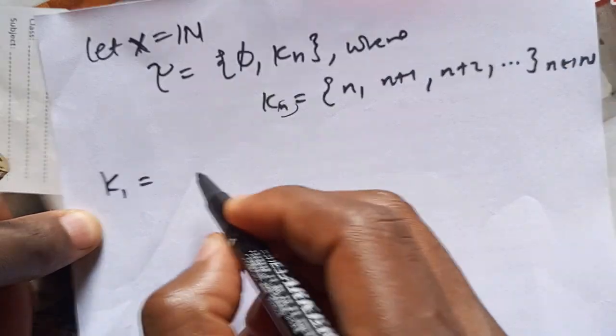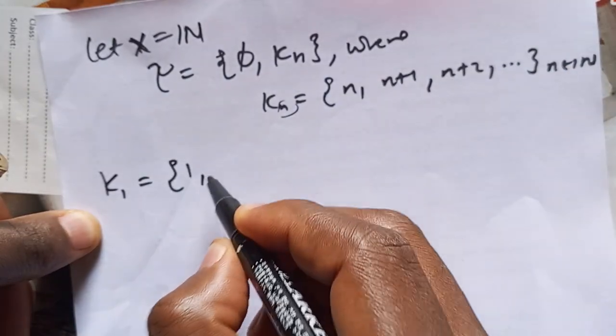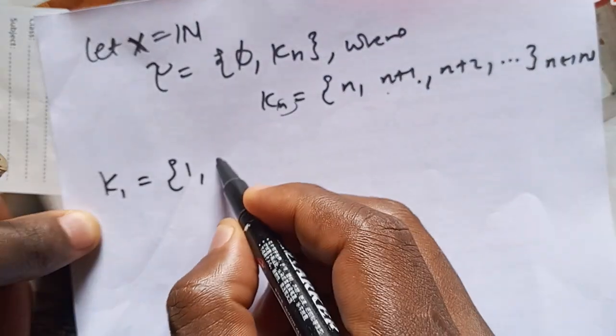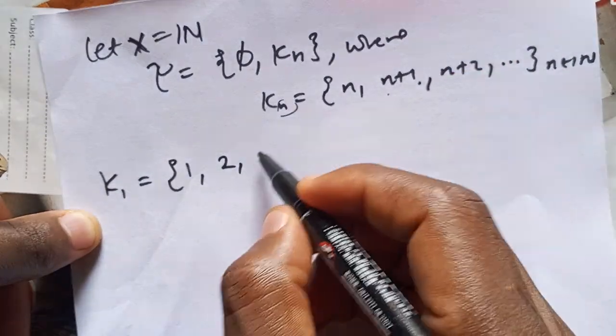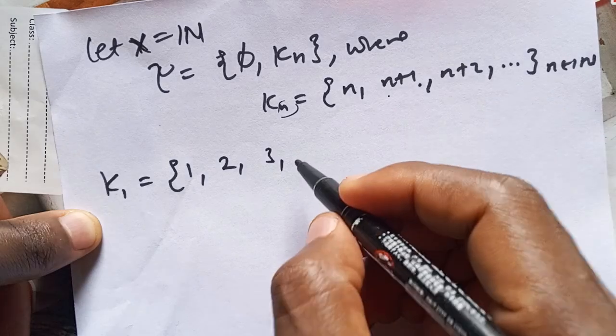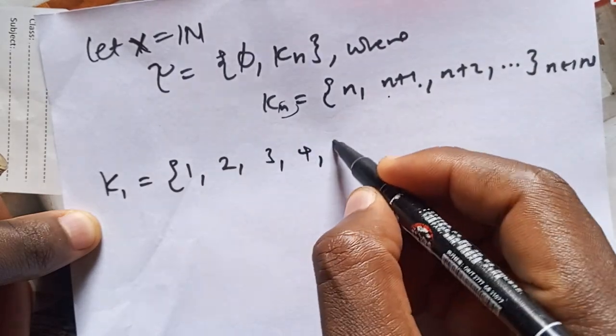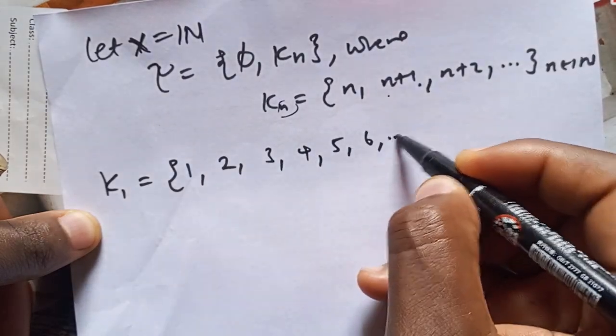If I do K_1, this will be 1 plus 1, which is 2, 1 plus 2, which is 3, 1 plus 3, which is 4, 5, 6, and so on.